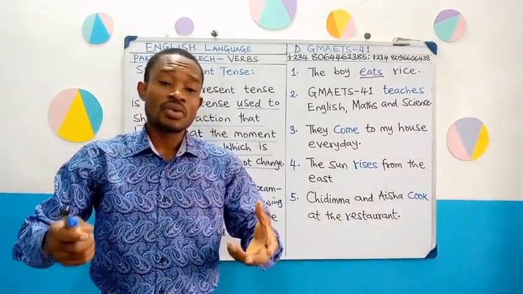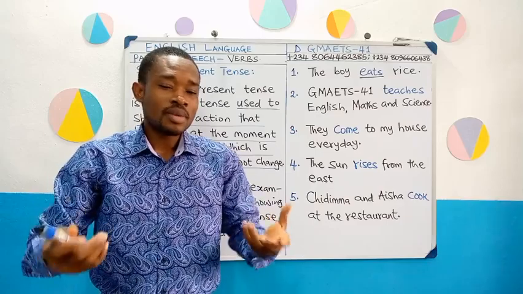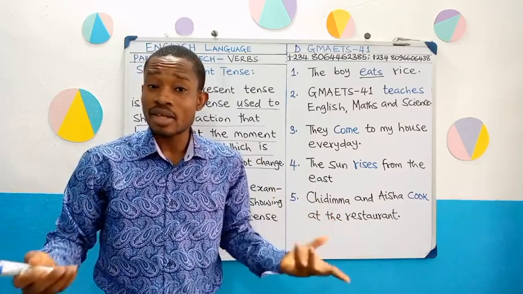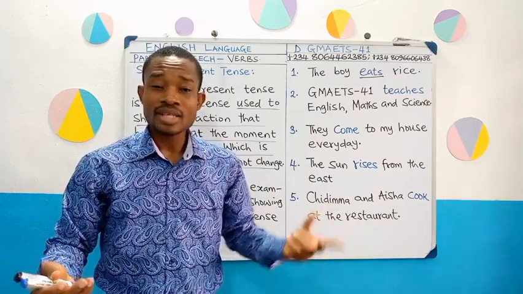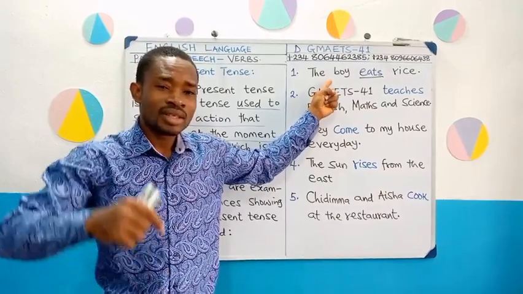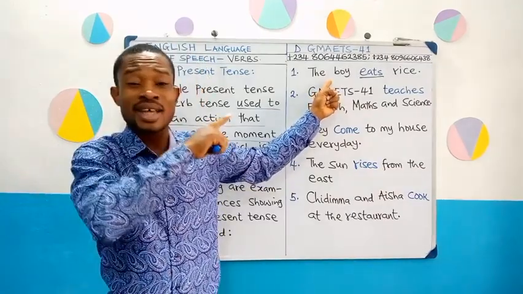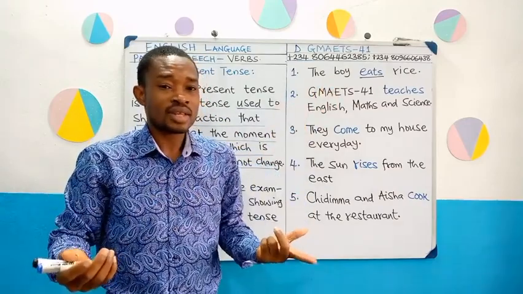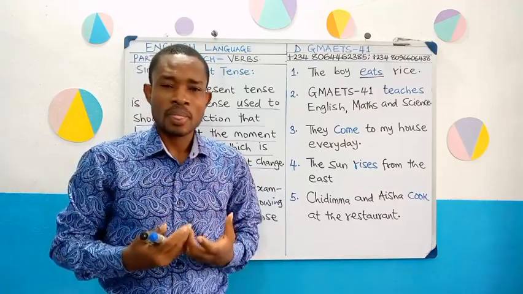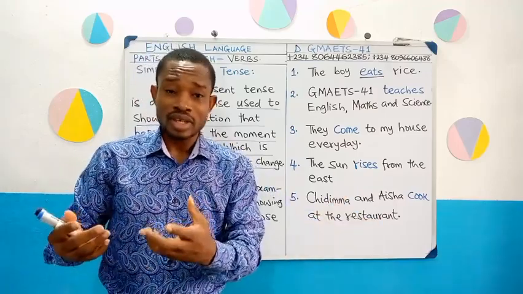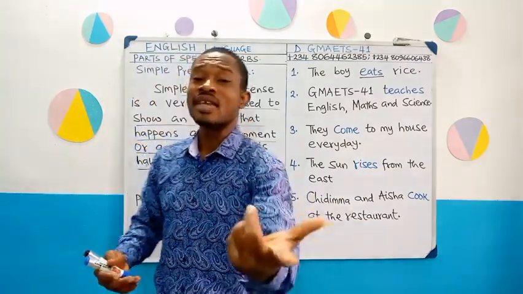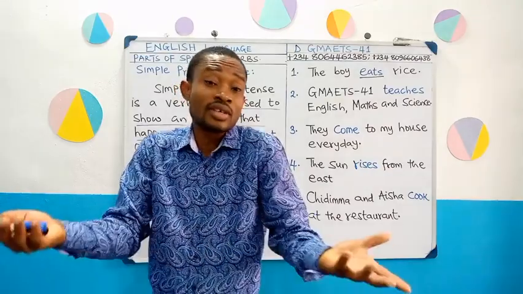The boy eats rice. You are simply telling us that the food the boy eats is what? Rice. Now, this sentence does not mean that at that particular time you are saying it, the boy is eating rice. You're only telling us that yes, the food this boy eats is rice. At that particular moment you are saying this, it's possible the boy is not eating rice.